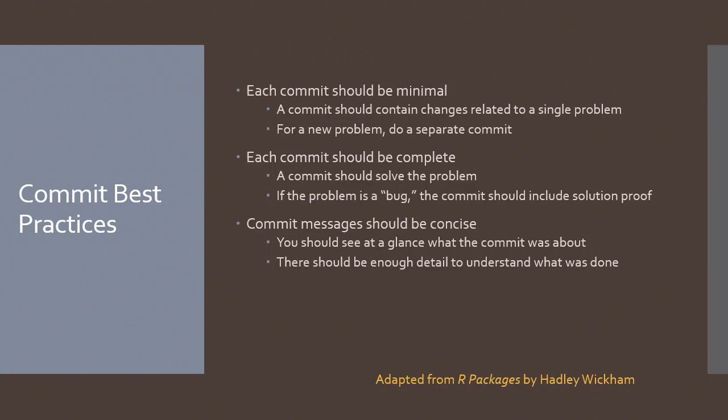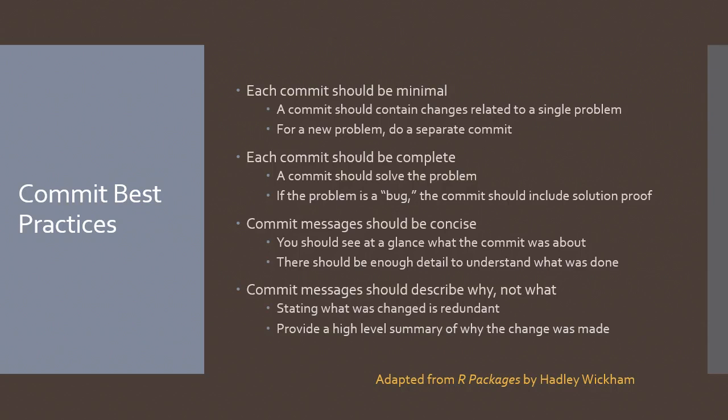You should see at a glance what the commit was about, and there should be enough detail to understand what was done. Commit messages should describe why, not what. Stating what you changed is redundant. So instead, provide a high-level summary of why the change was made. In the next video, I'm going to show you how to use Git with GitHub.